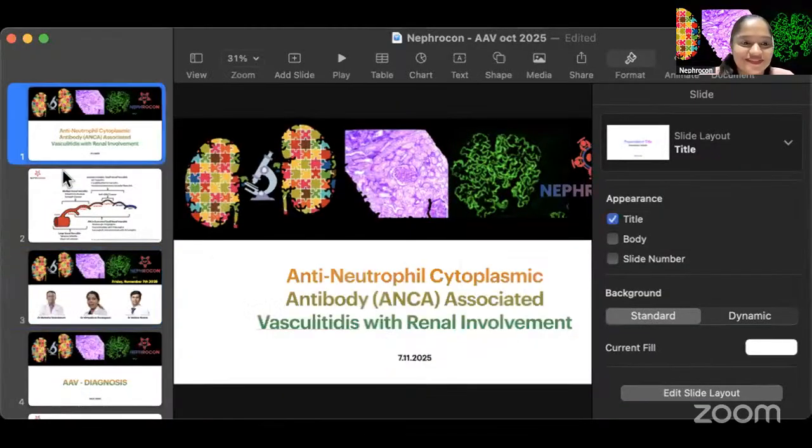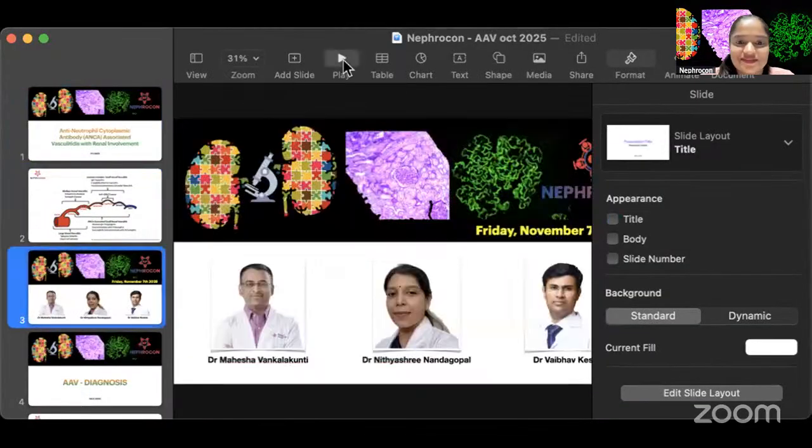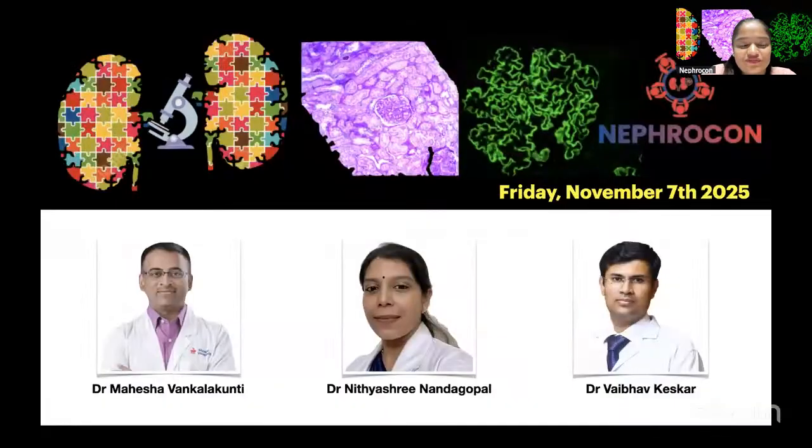Right. So thank you so much, Mahesh sir, for such an elaborate pathology of ANCA vasculitis. Sir has covered quite a lot of points, so I think we'll just have to rush to the clinical aspect.